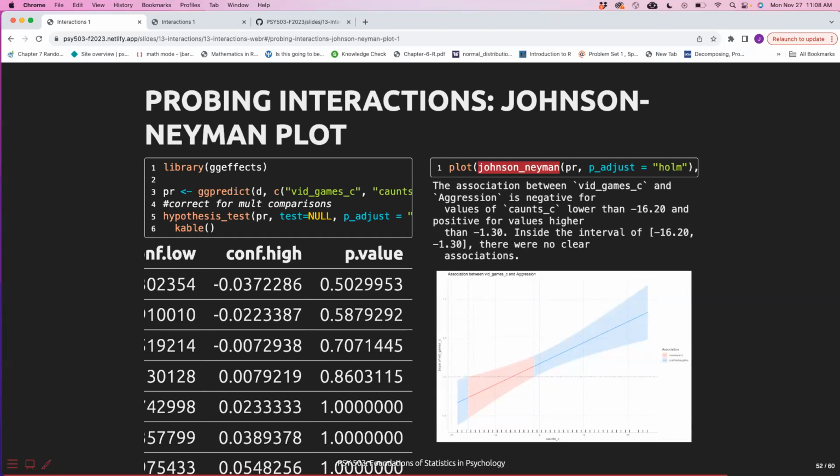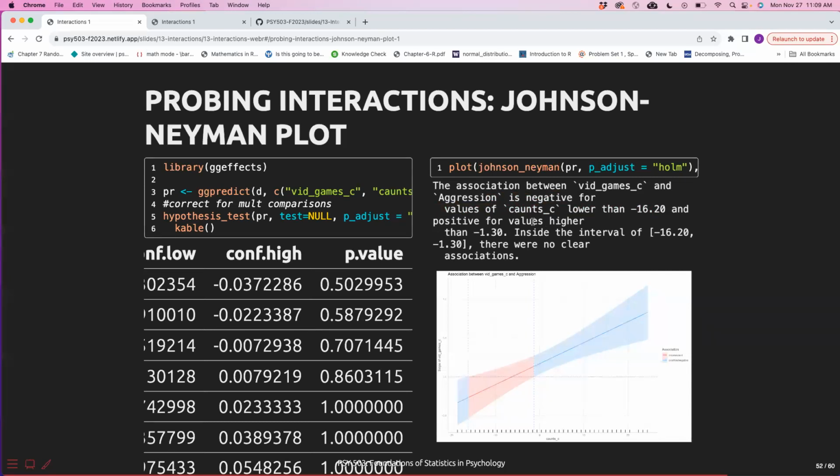And what I like about this Johnson-Neyman is that it actually produces some verbiage for you, so you can interpret the plot. Sometimes they're kind of difficult to interpret. It says the association between video games played, so hours played, and aggression is negative for values of callous traits lower than negative 16.20. So this should not be significant, so we can ignore that.